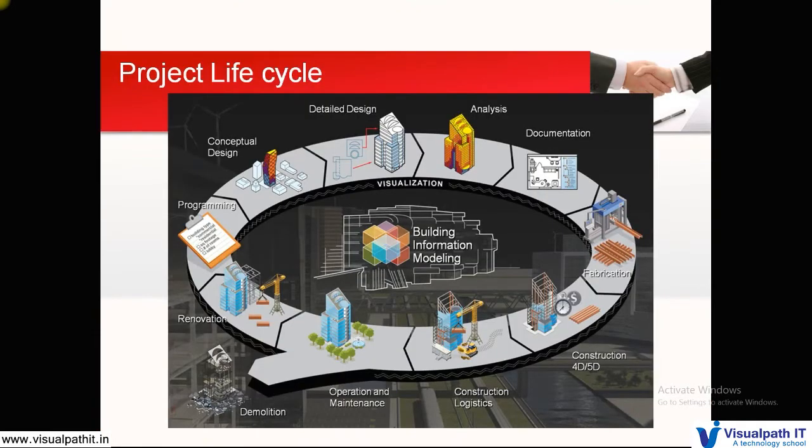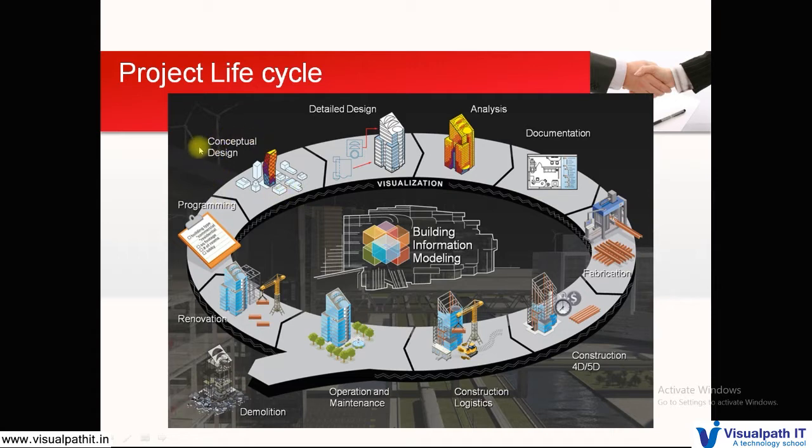Now what happens throughout this project life cycle is, whenever I have a dream of my house, I am telling you about a small-scale house, the architect develops the conceptual design. He gets the input of the client and designs the concepts.